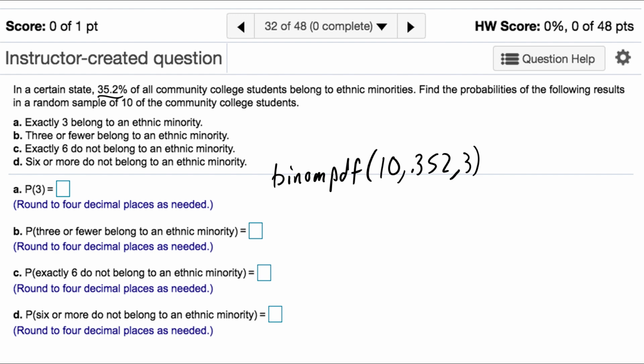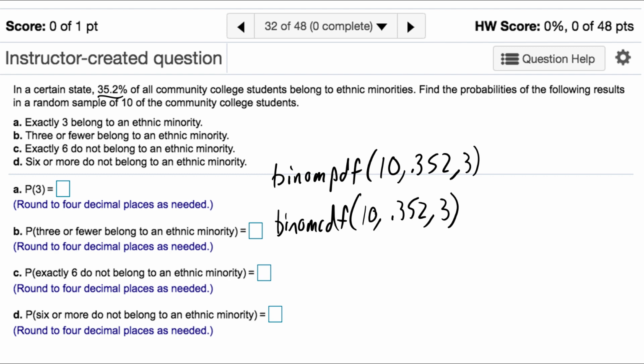The next one, 3 or fewer belong to an ethnic minority. Remember that the binom CDF function finds a number or fewer. So binom CDF finds with 10 as the number of trials, 0.352 as the probability of success, and then 3 as the number of successes.